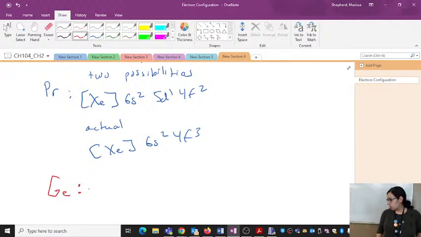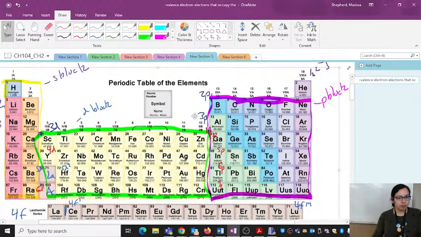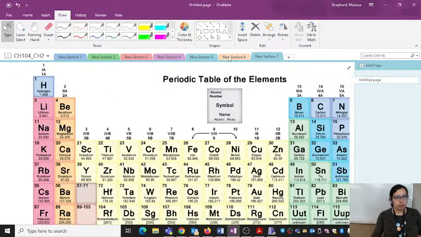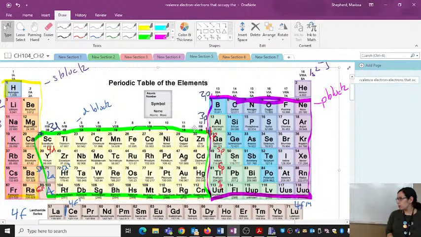We'll just make sure we're all on the same page. I can always display a periodic table.